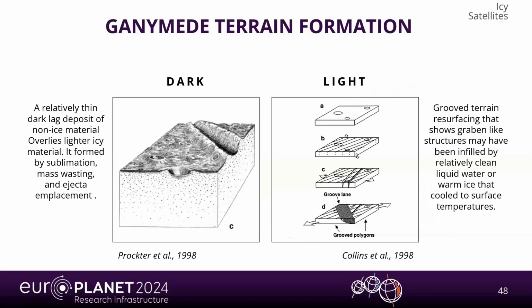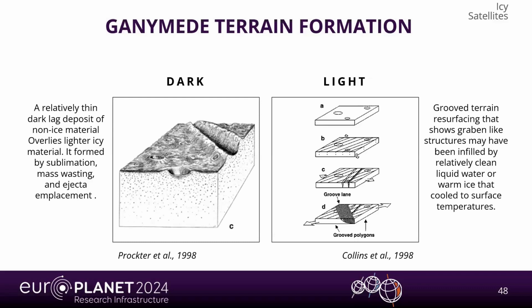And the interpretation of the terrain formation of Ganymede suggests that the dark material is composed of relatively thin lag deposits of non-ice material. So what we observed on the spectral models of the surface of Ganymede is a low albedo material that mostly concentrates on the surface and overlies lighter icy material.